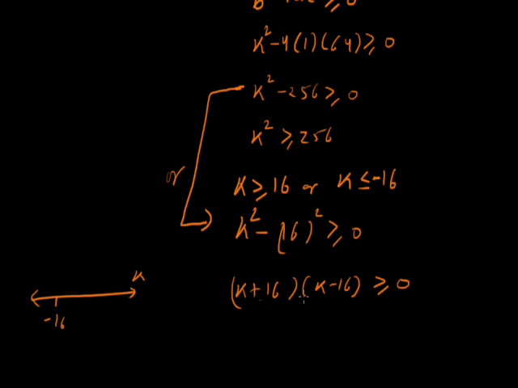I equate K minus 16 to 0, so the value of K is 16. This is 16. Now the rightmost value is always considered positive. After 16, the value becomes negative. Before minus 16, the value is positive.